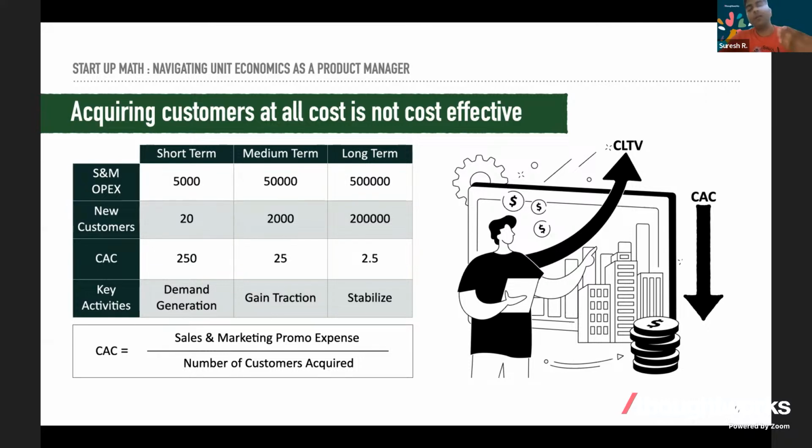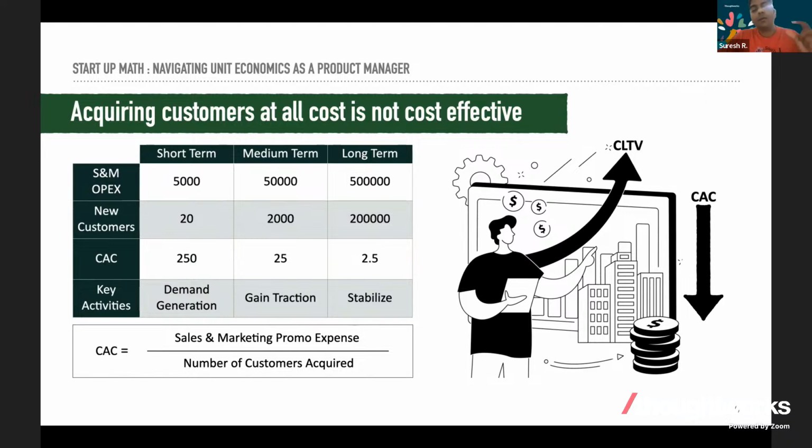And when my sales and marketing expenses increase, given that I've already gained traction in the market, the number of new customers that we as an organization are able to acquire will increase.